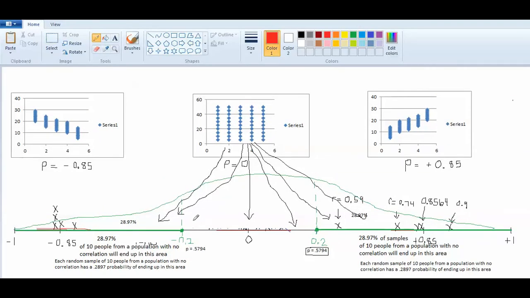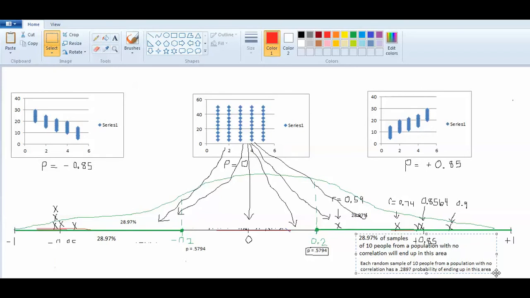And I said that we would also look at the p-value of 0.632 and negative 0.632. So I'll erase this work down here. If you're wondering where these p-values came from, I actually got them from a website.